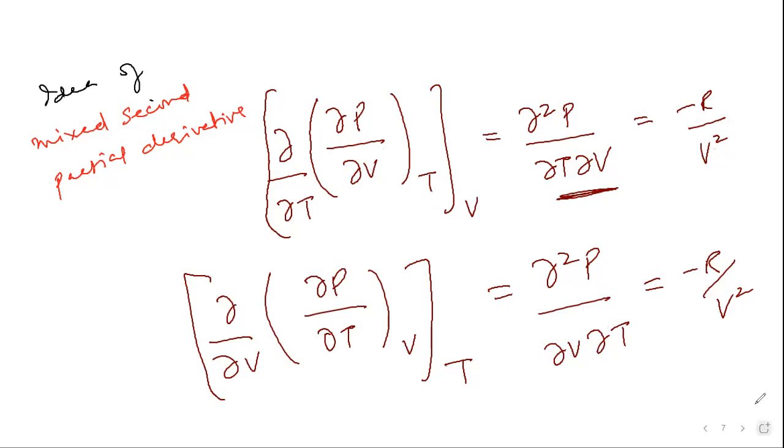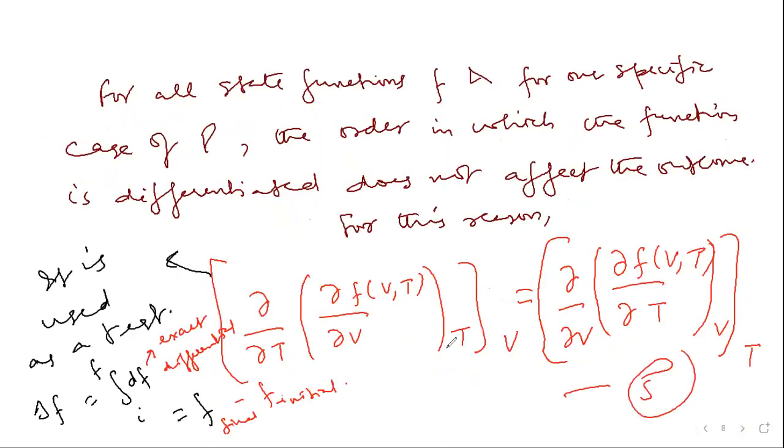Then we generalized this equality of mixed partial derivatives for all state functions. We said it is true for all state functions f, and since this is only true for state functions, this equality of mixed second order partial derivatives can be used as a test for a function to check whether it is a state function or not.